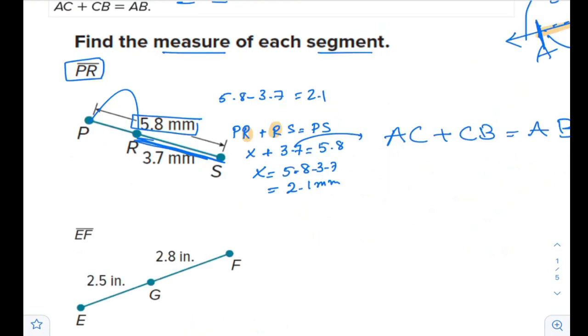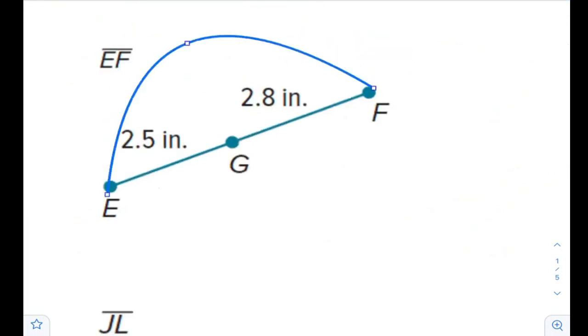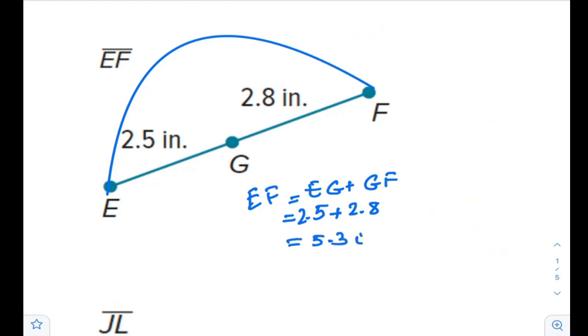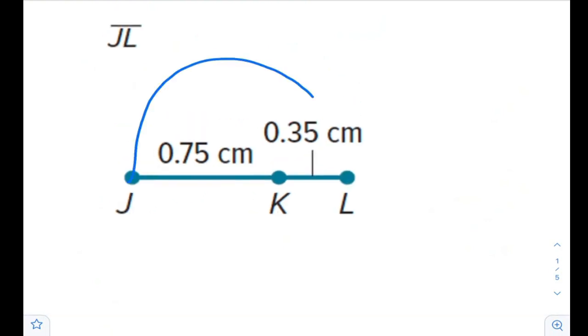Let's go ahead. We want from E to F simply and mentally. You can know that EF is equal to EG plus GF, which is 2.5 plus 2.8, which is 5.3 inches. What is JL? So we want the total JL.